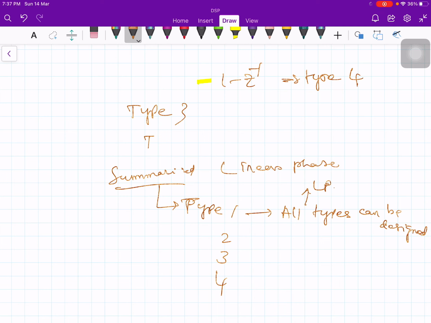You can design a low pass filter, a high pass filter, a band pass filter, and a band stop filter also. Type 2 is not versatile. High pass filter is not possible, because band stop filter is also not possible.